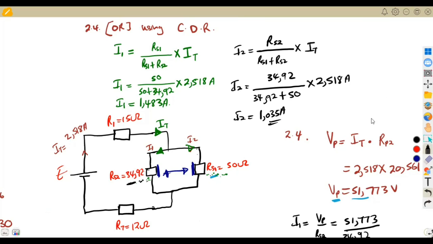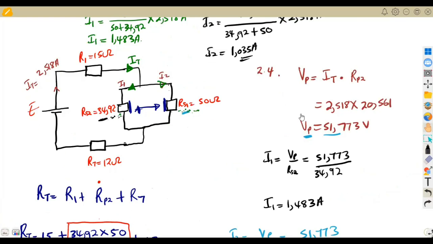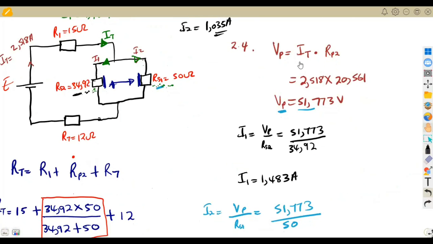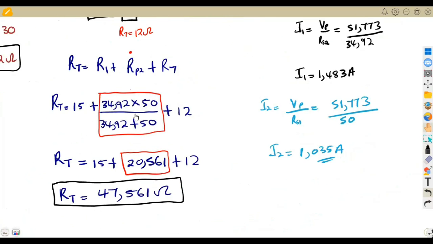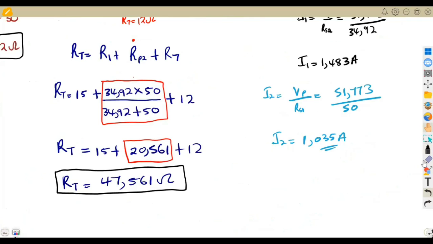So as you can see, when you are using the current divider rule, it's something that is exact from what you're given. This is exact. Yes, this part, if you understand, it's fine. The part of calculating the voltage across the parallel circuit, because you already calculated the total resistance for the parallel combination.